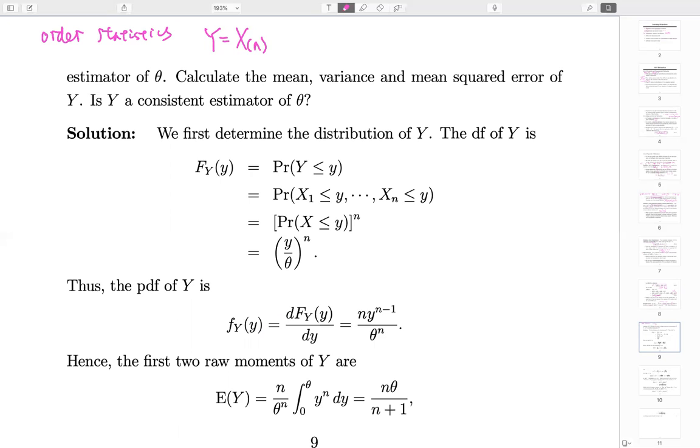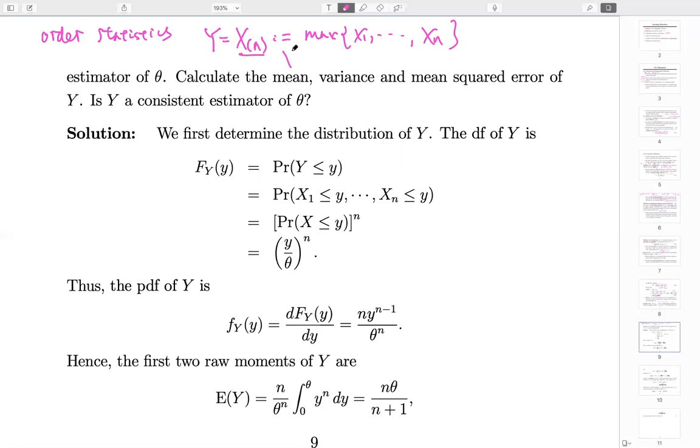When I put a subscript and put round brackets to include the number, that means the ith observation once you order from the least to the biggest. So here, this means the largest from all.